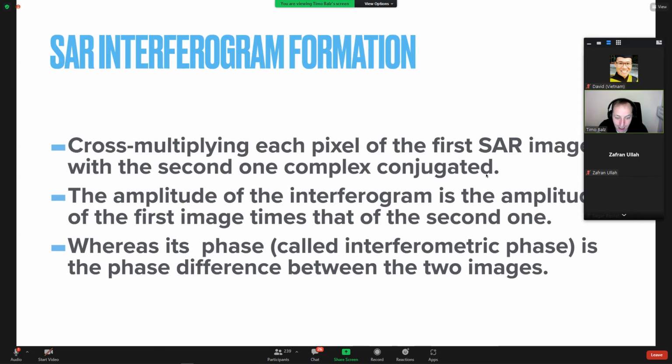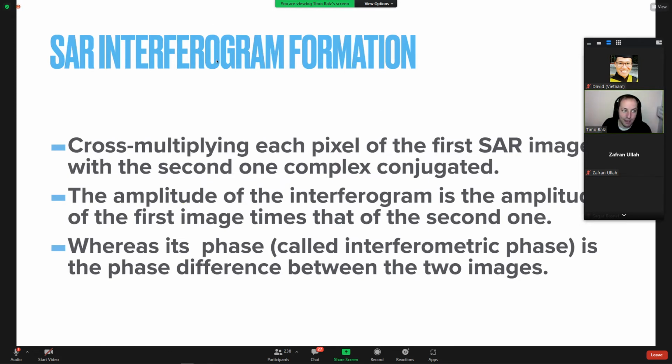But we are using the phase difference between the two images. So instead of cross multiplying with the complex conjugate, we could also say, very simple, phase 1 minus phase 2. Okay, that's all we do. Sometimes we make the slides look very complicated to say very easy things. Phase 1 minus phase 2, rather simple.